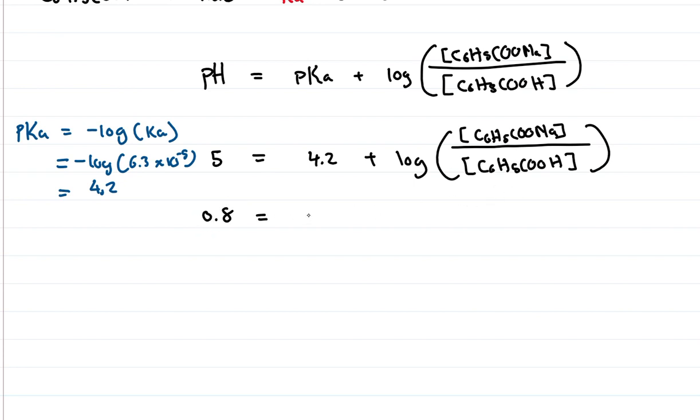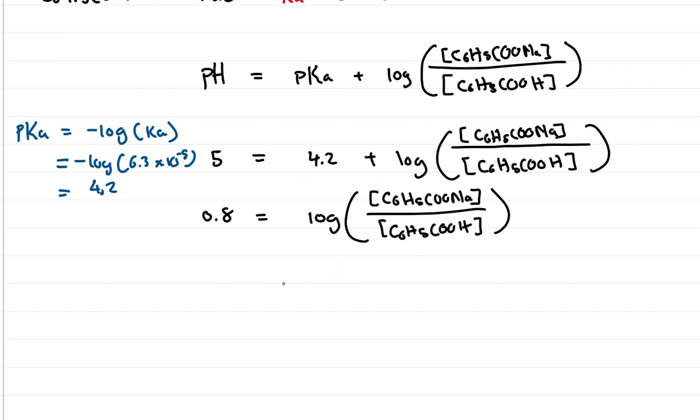And now you have log of the concentration of the base C6H5COO and A divided by the concentration of the acid C6H5COOH.